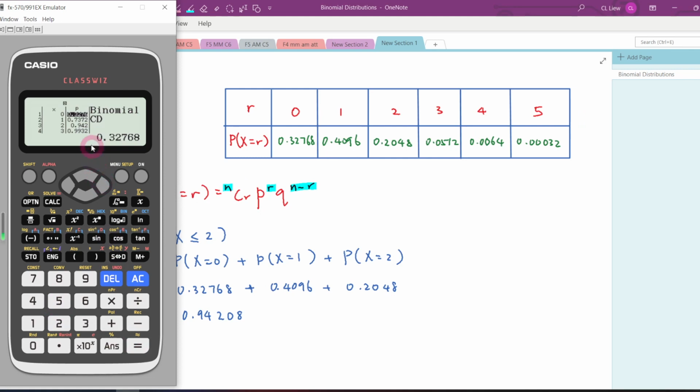Now what is this value? 0. It means that P(x=0). How about this? This is P(x=0) plus P(x=1). This is cumulative distribution. The calculator will accumulate to find the sum of the probabilities for x equal to 0 and x equal to 1.